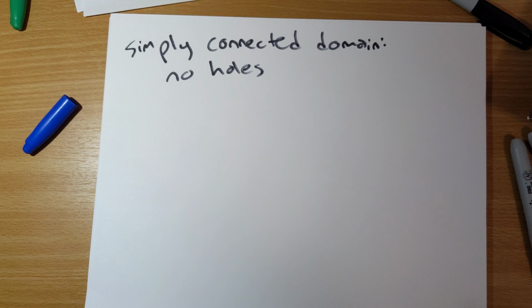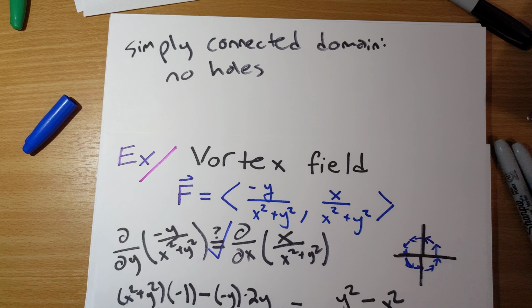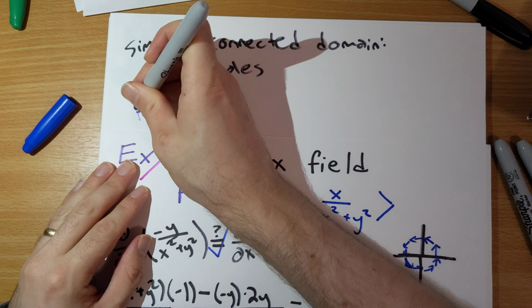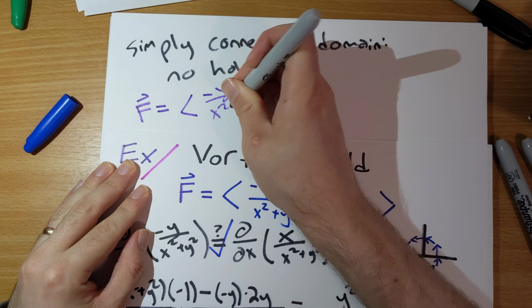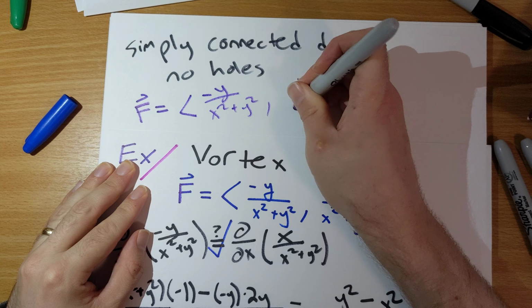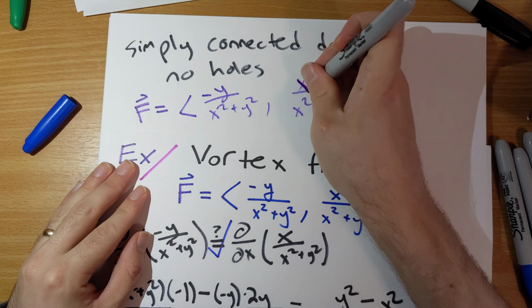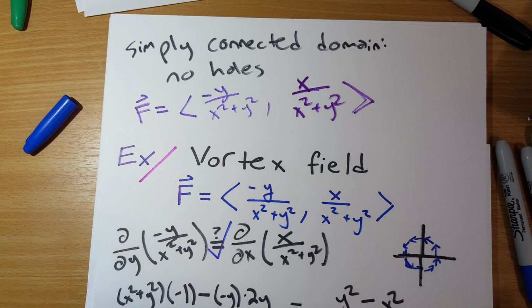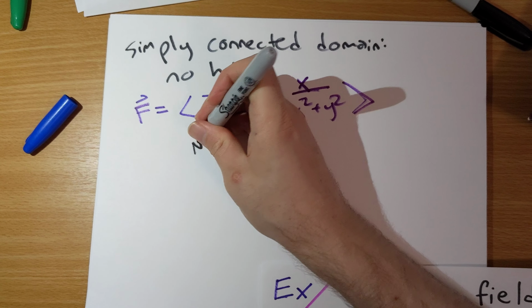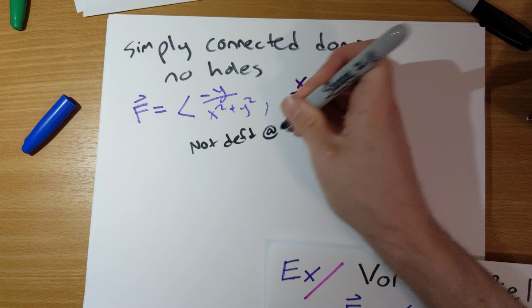Okay, so let's go back to our vortex field. This is our vortex field right here. Are there holes in our vortex field? And the answer is yes. There's one hole. This is not defined at the origin.